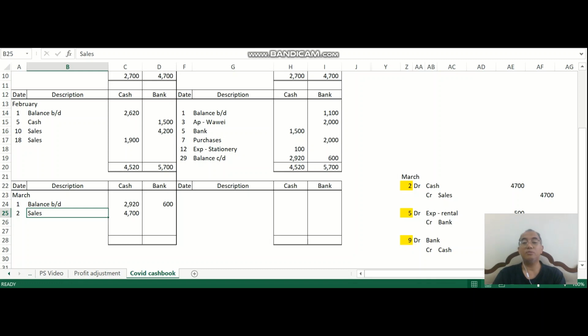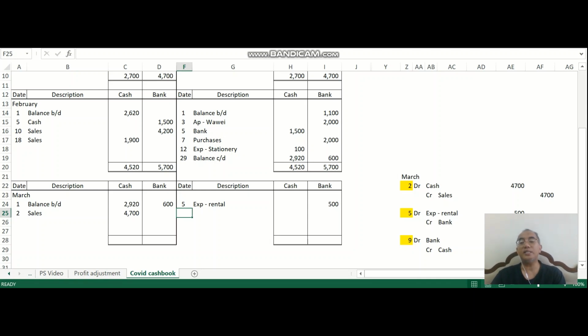What about on the 5th of March? So 5th of March, I got the bank at the credit side. So this is the credit side, and I go to the bank. How much I put here? 500. And this one should be expenses, rental. When it happened? On the 5th.